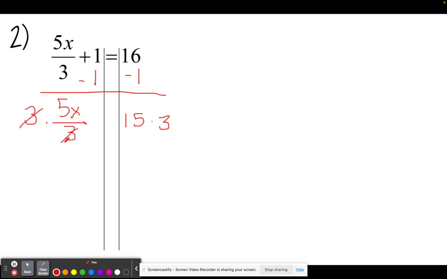And I'm left with 5x equals 45. My next step would be to divide by 5. And x would be 9.